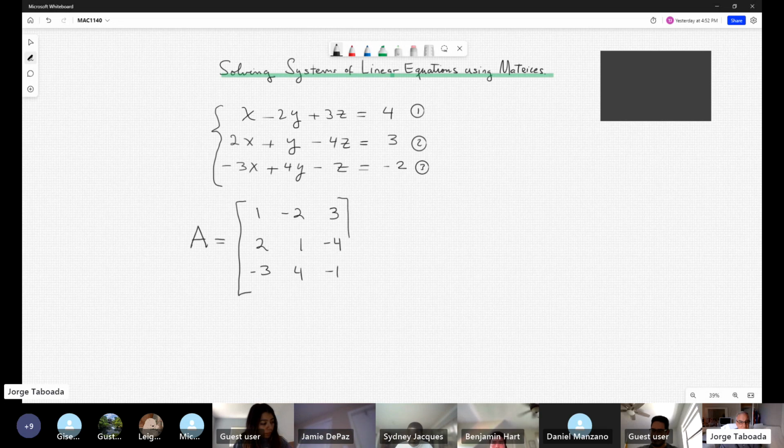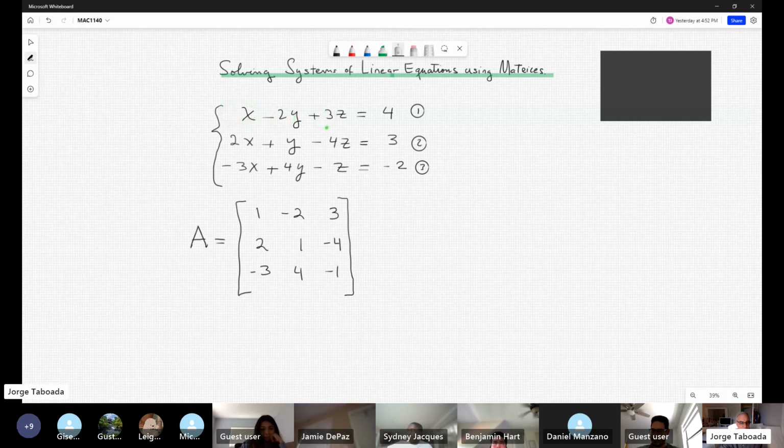So basically, the only thing that we are doing is taking the coefficients. Look. In this case it is 1 here, negative 2, 3. This is the idea.